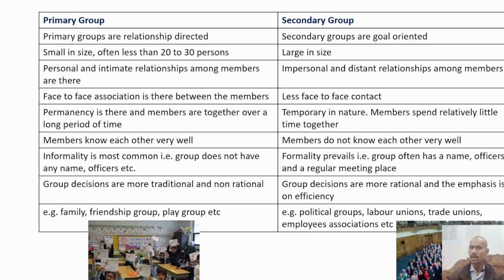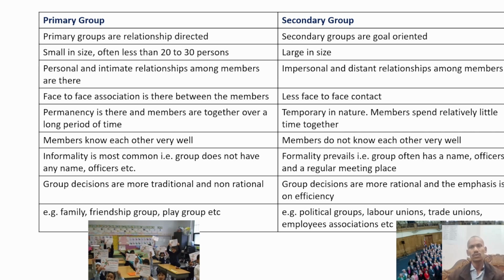Now in primary group, permanency is there, that the primary group will have permanency in the connection that they have. Members are together for a longer period of time. If you see in secondary group, it might not be compulsory that it is permanent, but its nature is temporary.